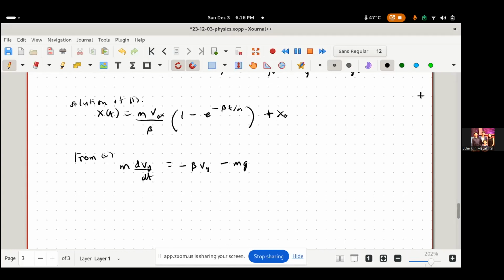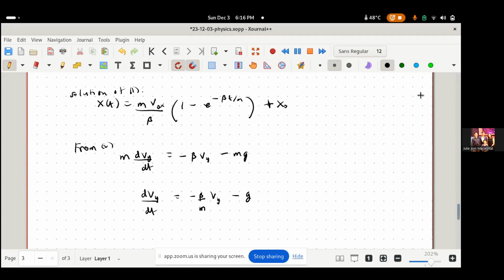So what we'll do is write this as dvy dt. I want to consider the case where there is an arbitrary force that is a function of time.